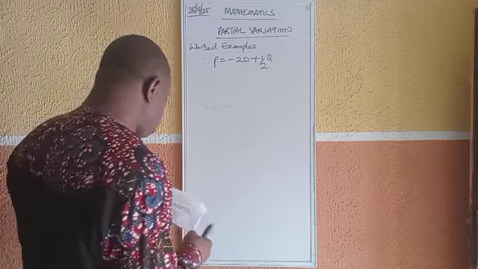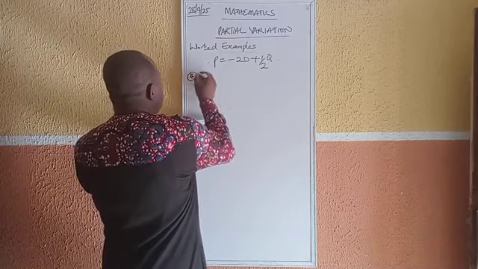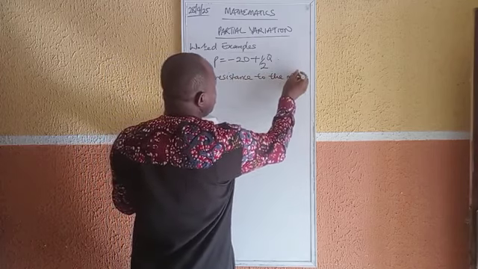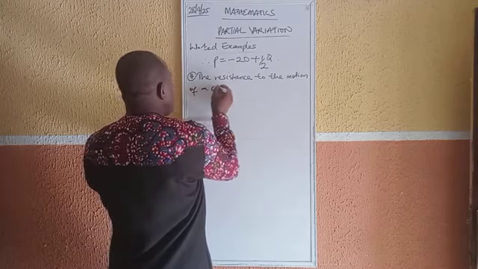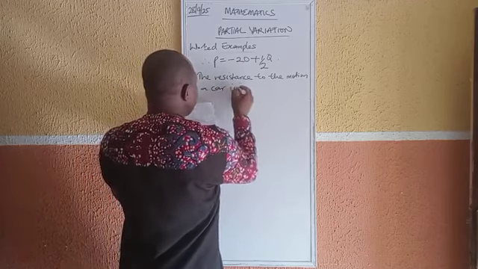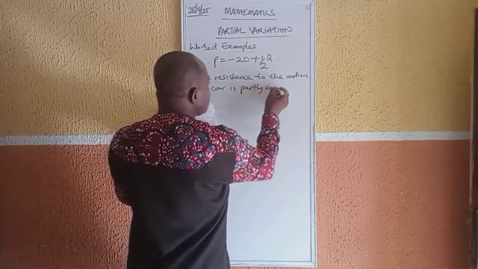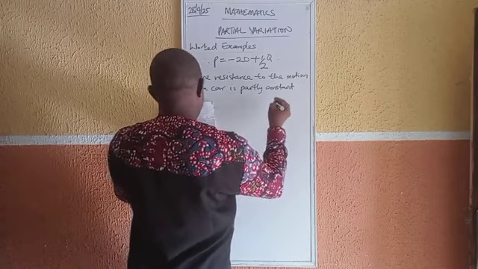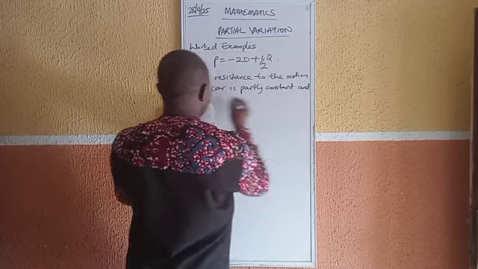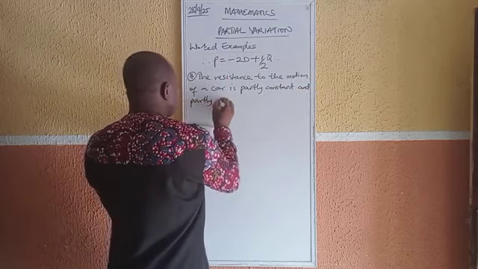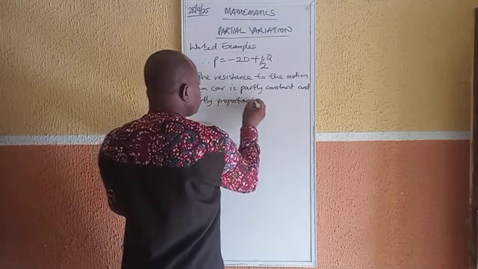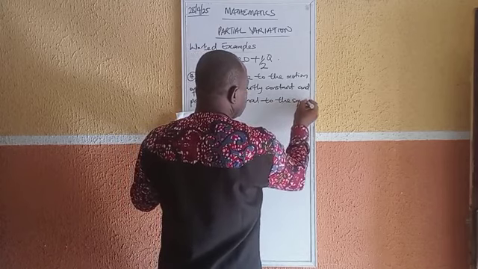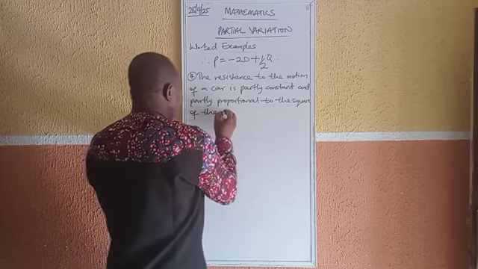The resistance to the motion of a car is partly constant and partly proportional to the square of the velocity.